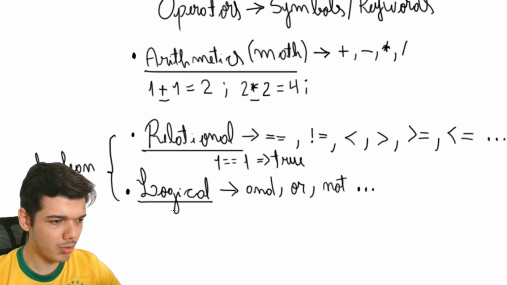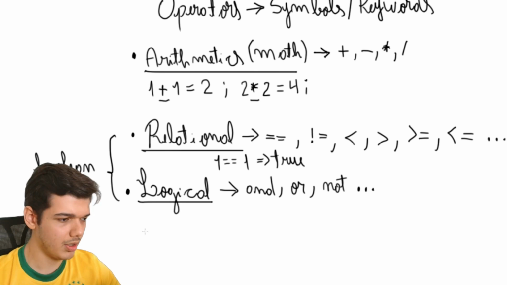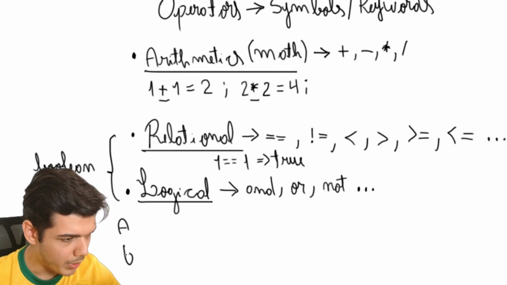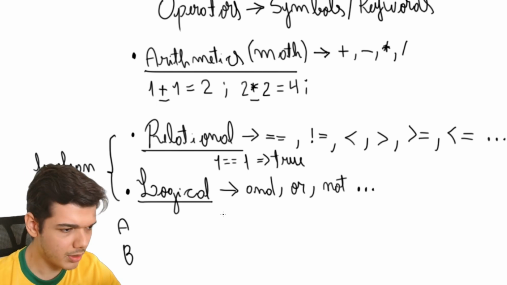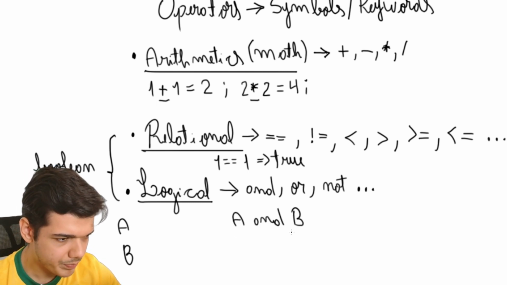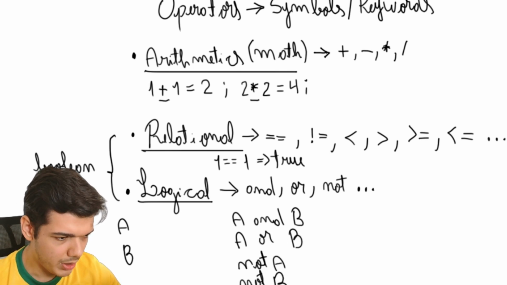And the logical uses two Booleans and compares them. Let's assume we have A and B, and both are Boolean, and we have A and B, A or B, not A and not B.